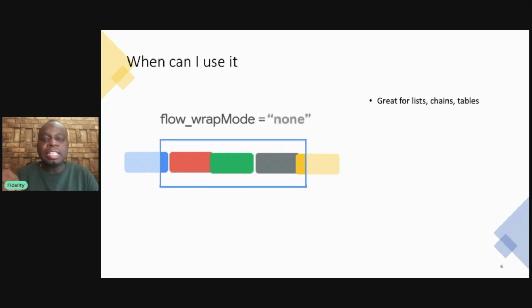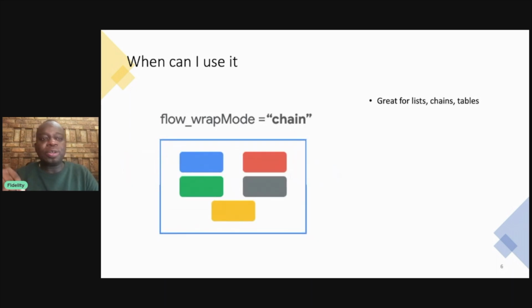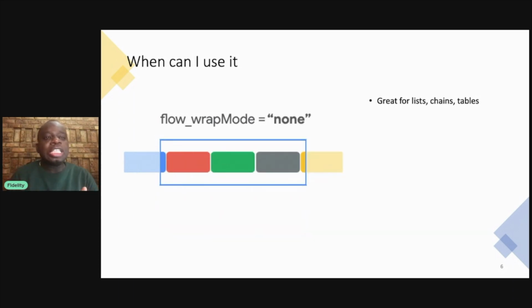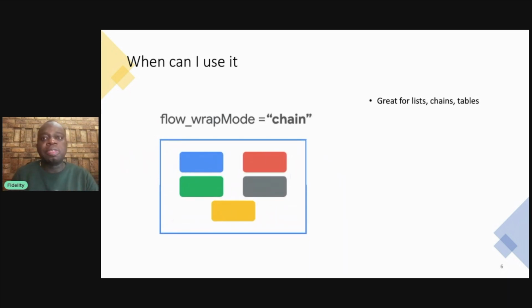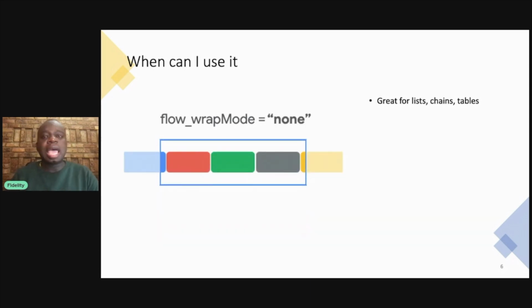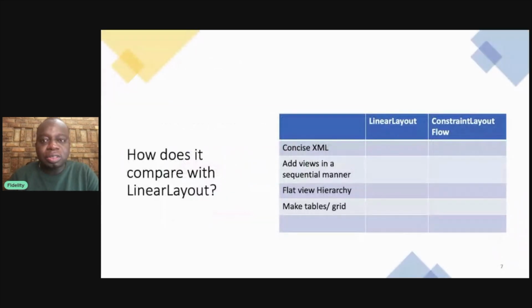You've got chains and you've got tables. And the tables are really interesting because when you have an overflow of items in your chain, you can tell it to wrap onto the next line or following lines, and also produce a table type of view or a table-like behavior.